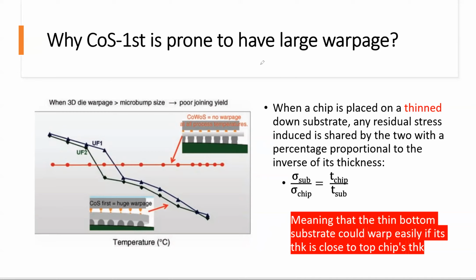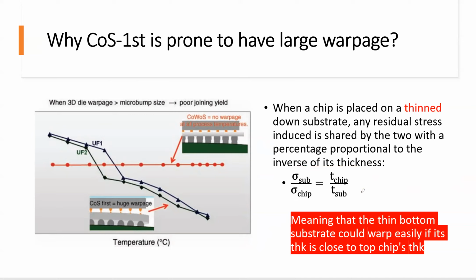As I explained to you in the last talk I had with you, if you place a chip on a thinned-down substrate, the residual stress is going to be shared. Going to be shared means that the substrate is going to feel it, with this simple reverse relationship.